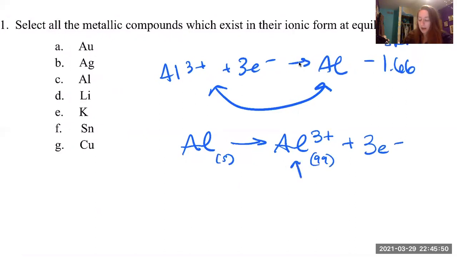Okay, ionic, again, just means it has a charge. So any compound that has a negative SRP will prefer the ionic form at equilibrium. Okay, so the answers are here. You can look at your equation sheet as well.